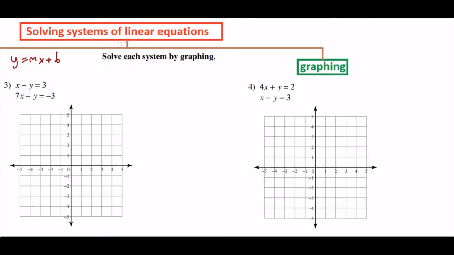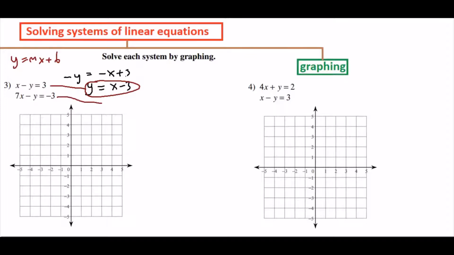So here, if we solve for y, subtract x on both sides, so -y equals -x plus 3, and multiply everything by a negative sign, you obtain y equals x minus 3. So this is our first equation. So x minus y equals 3 is y equals x minus 3.